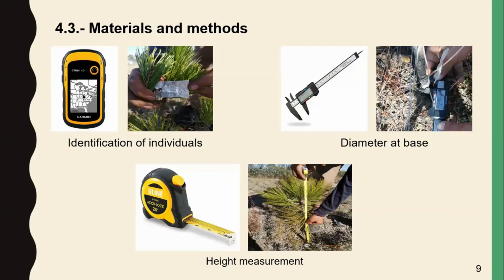Materials and methods. GPS was used to locate the individuals, and aluminum plates were used to mark them and identify them by species, place of origin, number, and whether they were pure or hybrid.